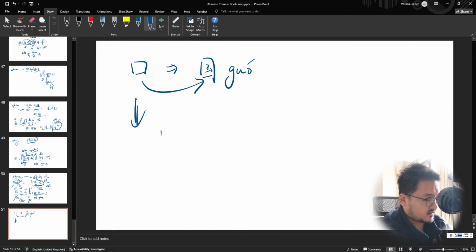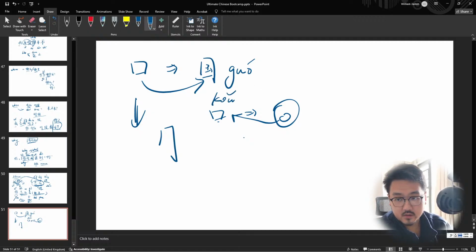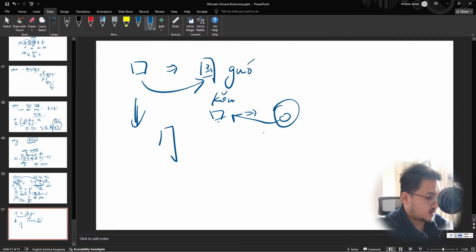So for example, what about this? This 口 is like a mouth. Just think about a person's mouth, okay? That mouth is like the 口, right? But if you change it a little bit, if you make it a little bit bigger, basically it becomes like one this and then one this, okay?